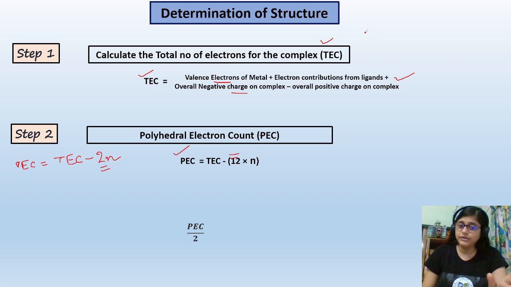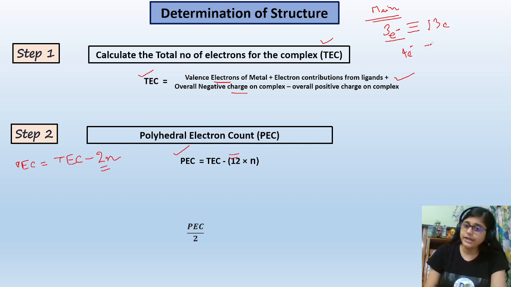When we were studying the isolobal analogy, at that time I told you that for a main group, when we are relating for the isolobal analogy, if we count the electrons and find that it has 3 electrons in total, we relate that with 13 electrons. In the same way, if 4 electrons for the main group, that will be related with 14 electrons.